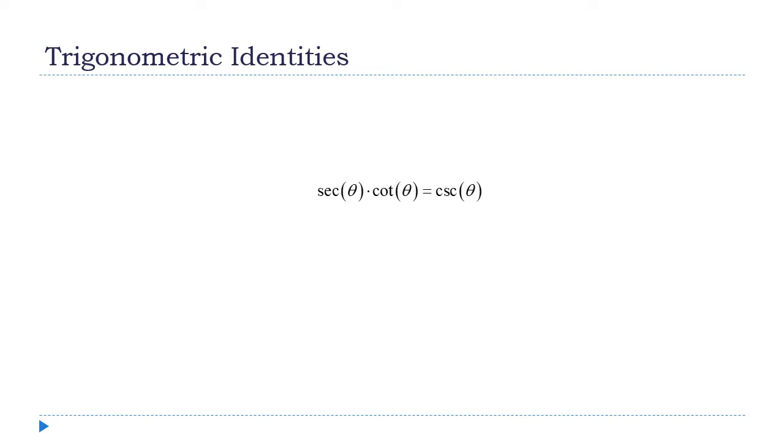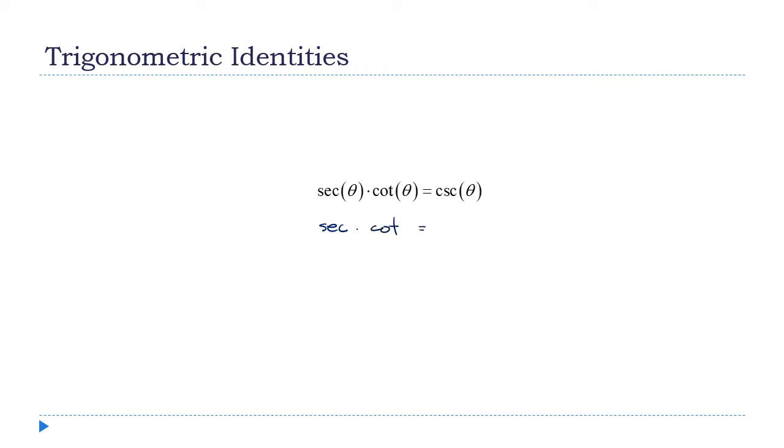So one technique that's common when we're answering this kind of question is to take everything on the side that we're working on and rewrite it in terms of sines and cosines and see if that doesn't simplify things. All right, so I'm going to start with secant times cotangent.